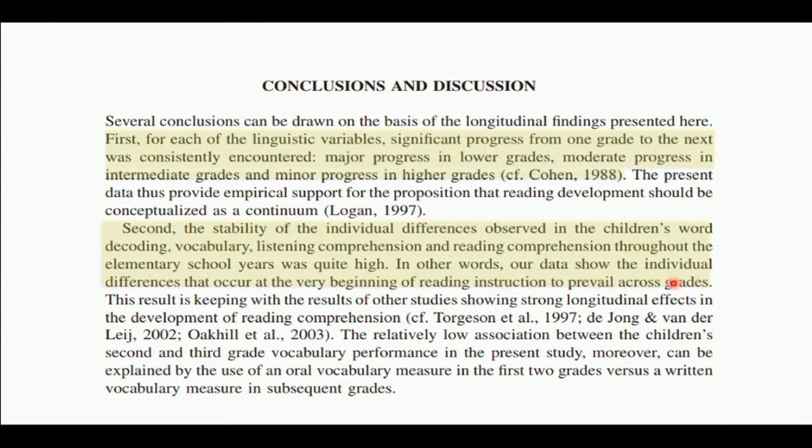In other words, our data shows that the individual differences that occur at the very beginning tend to prevail across grades. So if you can get your kid off to a good start before they start grade 1, and that's why we now work with pre-literacy, why we have early education, then they should be off to a good start and continue to thrive, barring any unforeseen events.